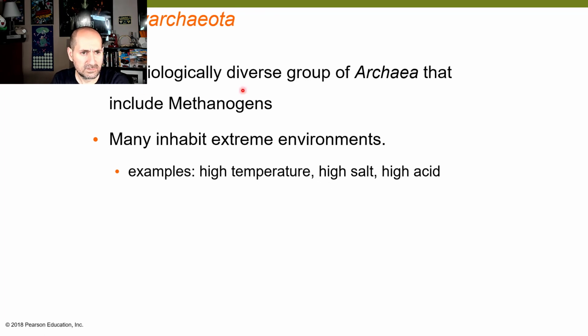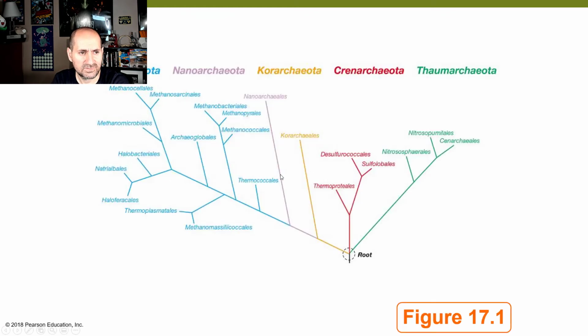And they are diverse. They inhabit many different environments. They can make methane again. They can inhabit high temperature environments, high salt, high acidity environments. Okay, and here is an idea of how they are related to one another.